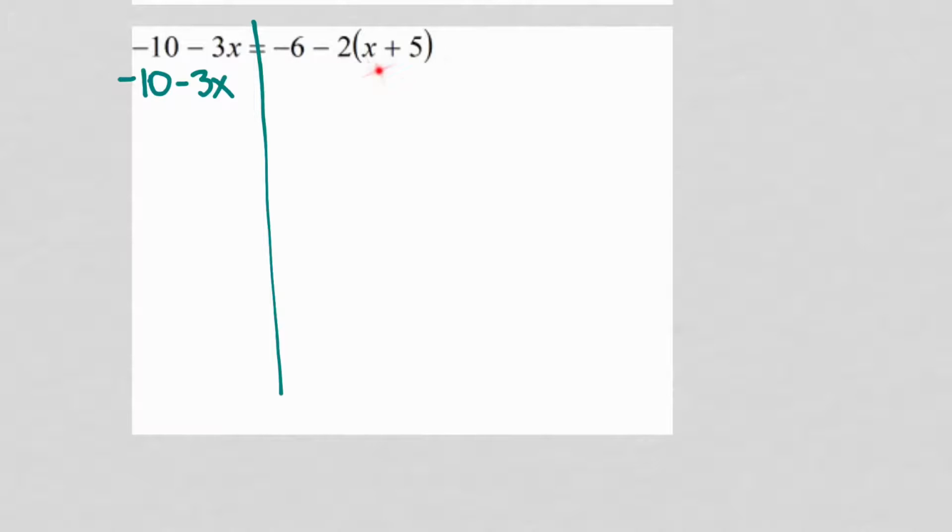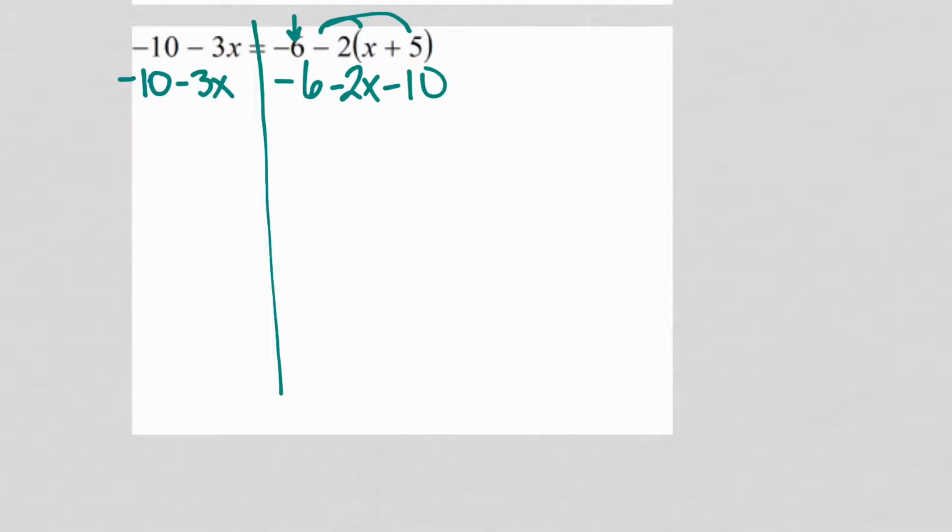Over here, there's a lot of stuff, and I bet you I can combine it. But since I have these parentheses first, those have to go away before I can combine like terms. So I'm going to start with negative 2 times x, which is a negative 2x, and negative 2 times 5, which is a negative 10. My negative 6 right here gets dropped down.